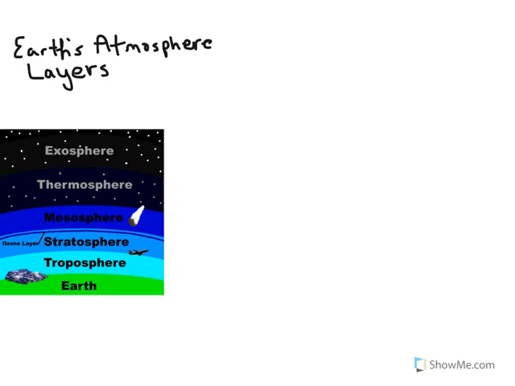The next layer above the stratosphere is the mesosphere. And it's kind of hard to tell on this illustration, but that's a meteor. So the mesosphere is where we see those streaks of light that we call meteors, which are little pieces of rock that are falling through our atmosphere and burning up.